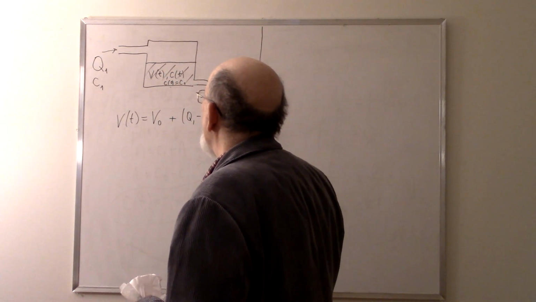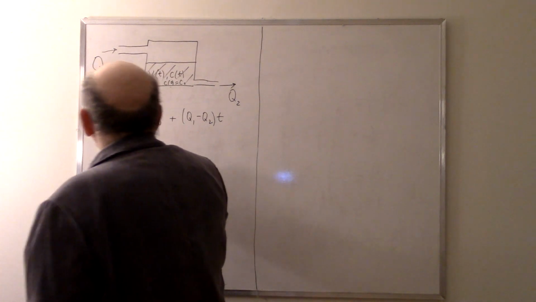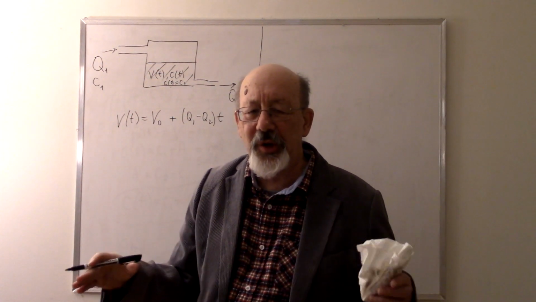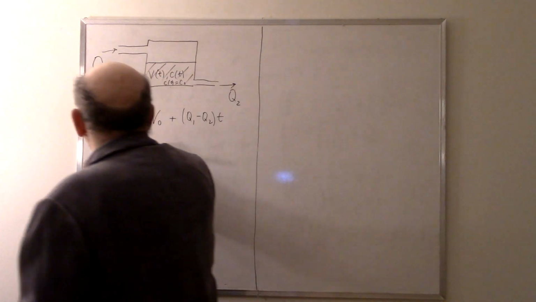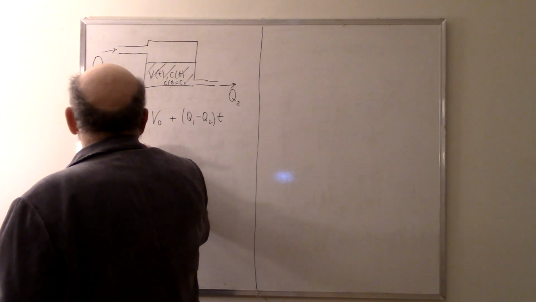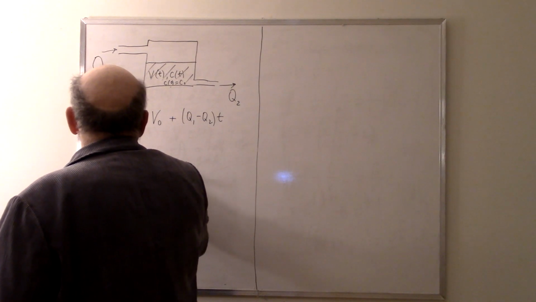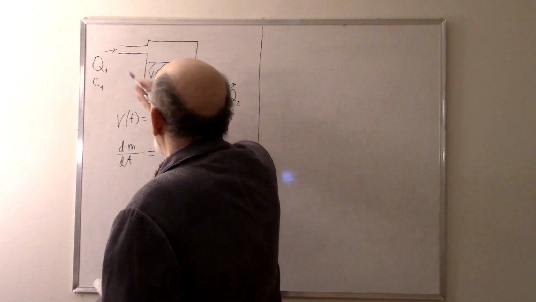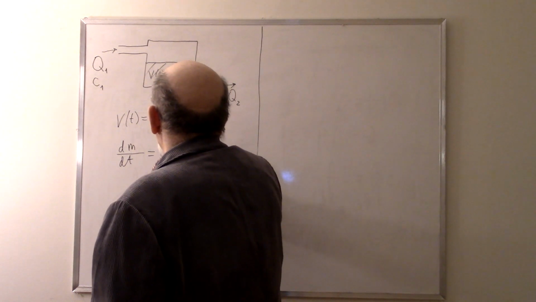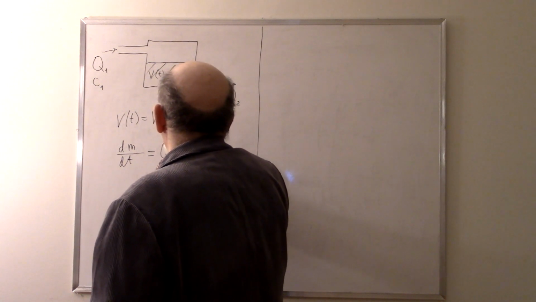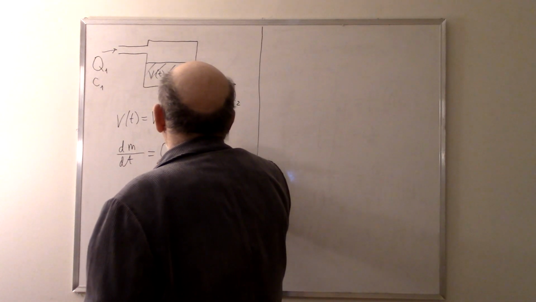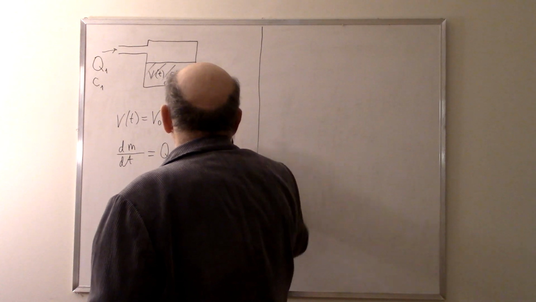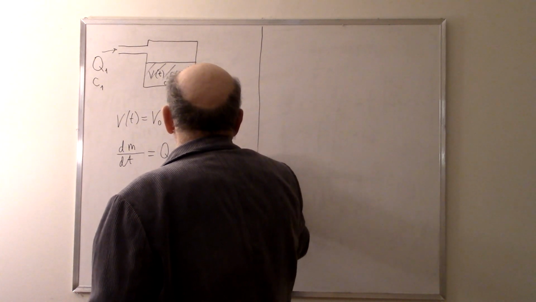Now, consider the mass of the salt in this water. And let us write the balance. What is the rate of change of this mass? dm/dt equals Q1 C1 minus Q2 C of t.